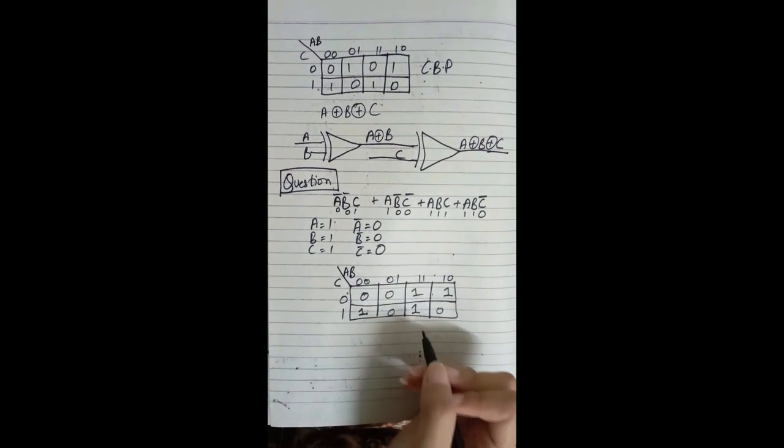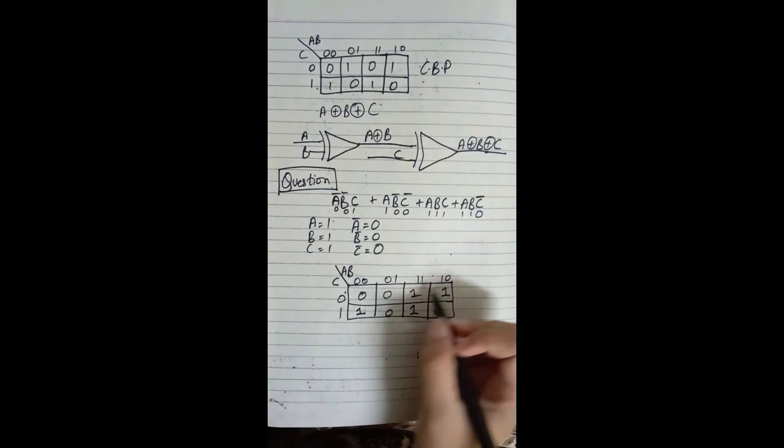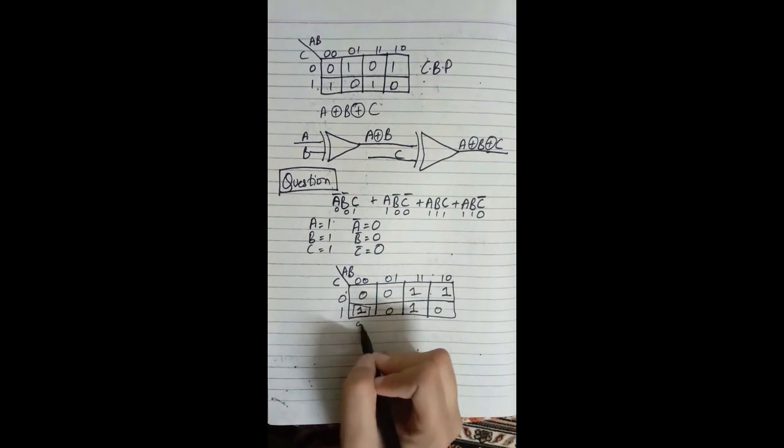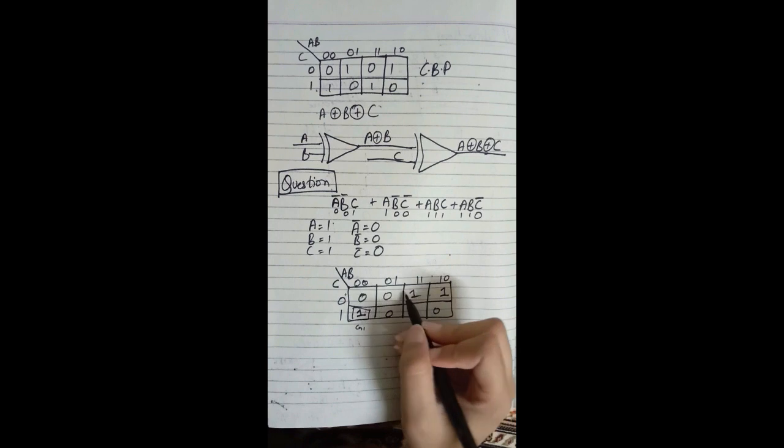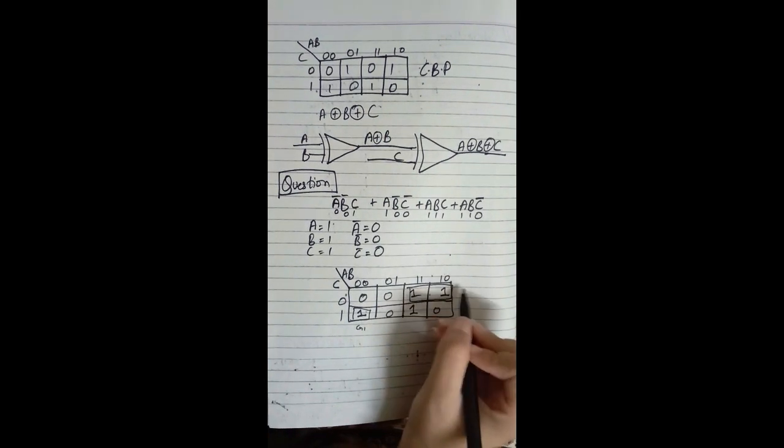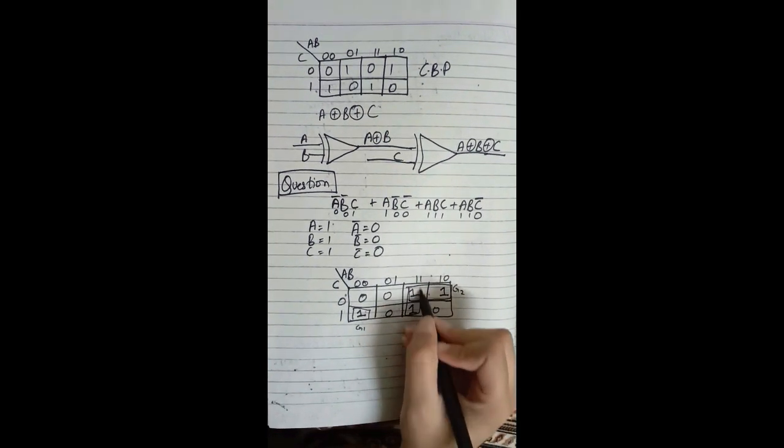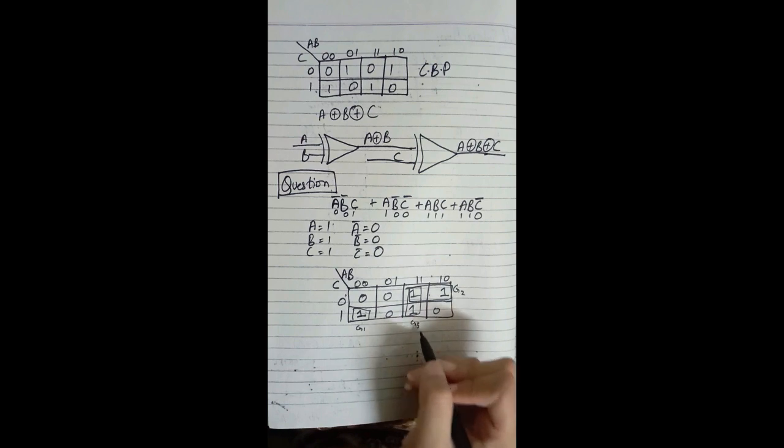And now we will have to make the groups. This is our group 1. This will be our group 2. And the group 3 will overlap with group 2.